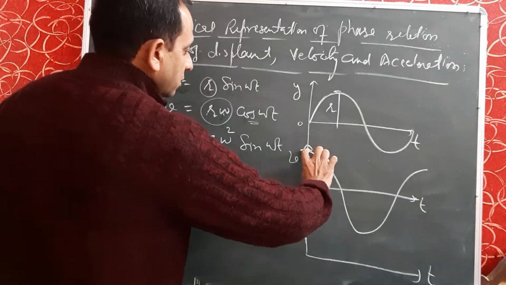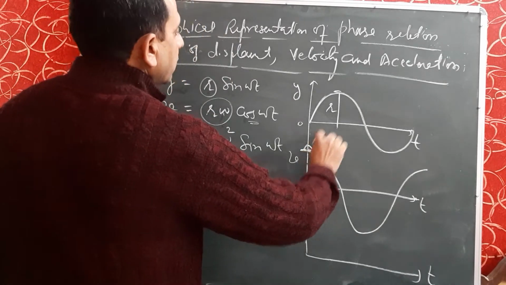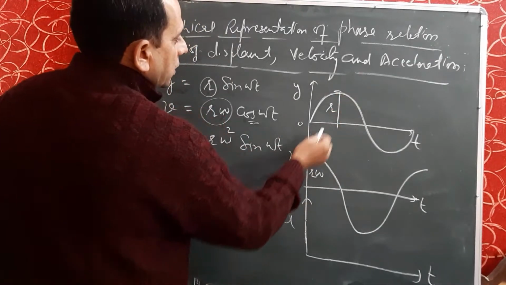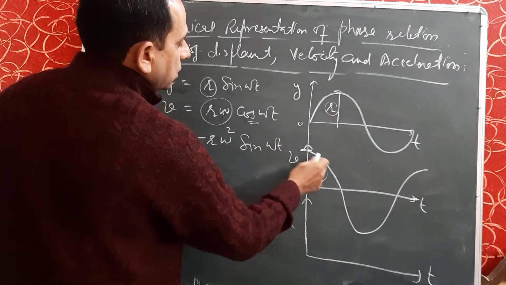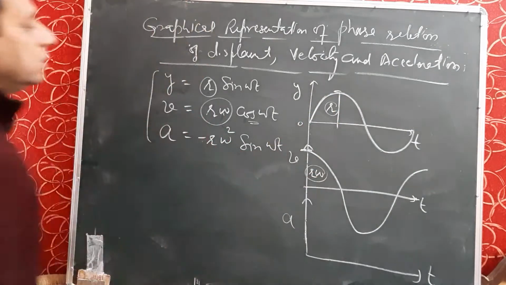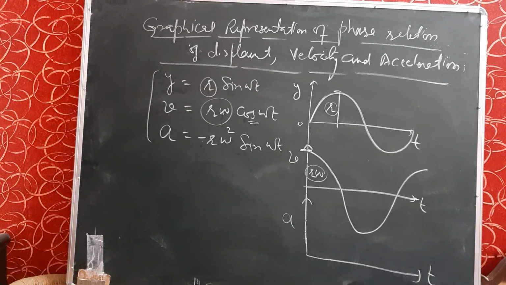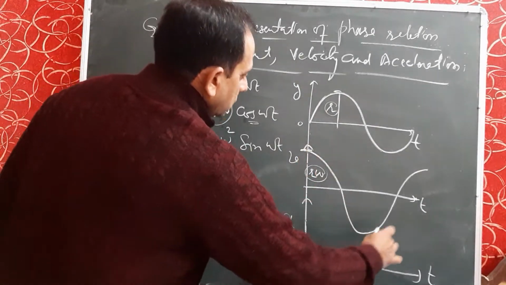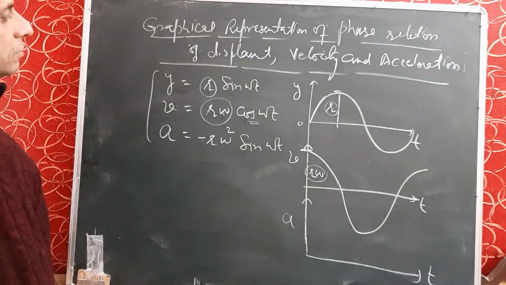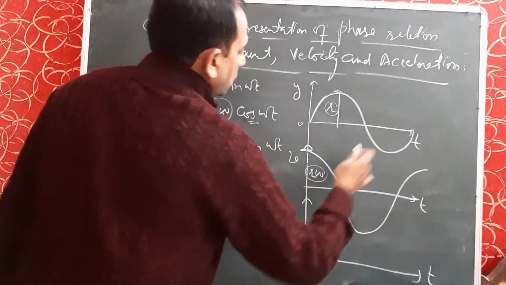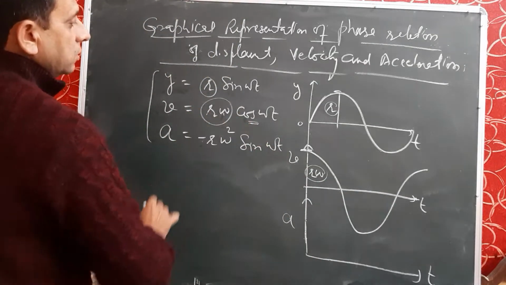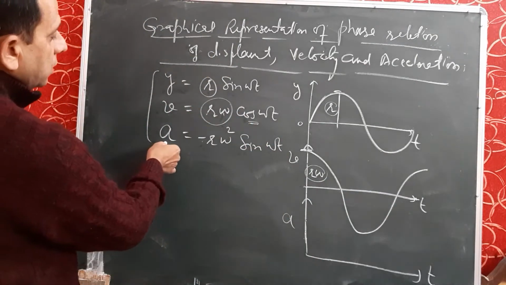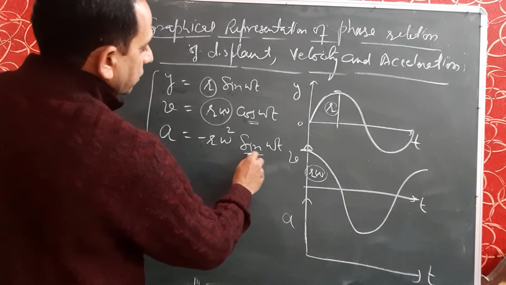So, this line is somewhat greater than the first line, because that is only r and this is r multiplied with omega. So, this wave has greater amplitude, and the nature of the wave is a cos wave, because it is a cos function. And in case of the third, acceleration is again a sine function.